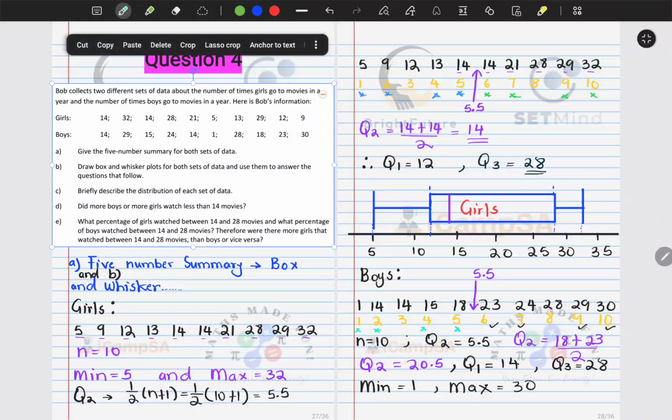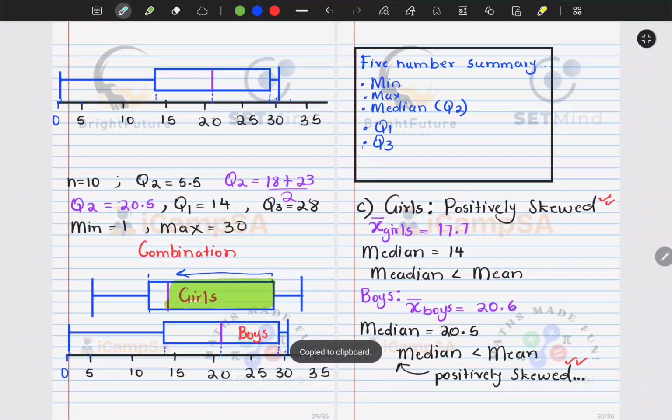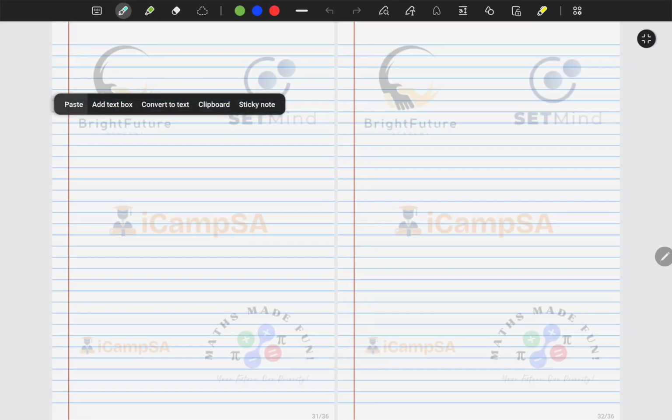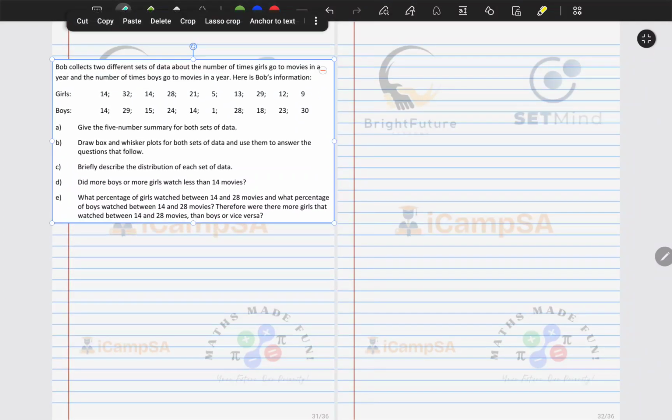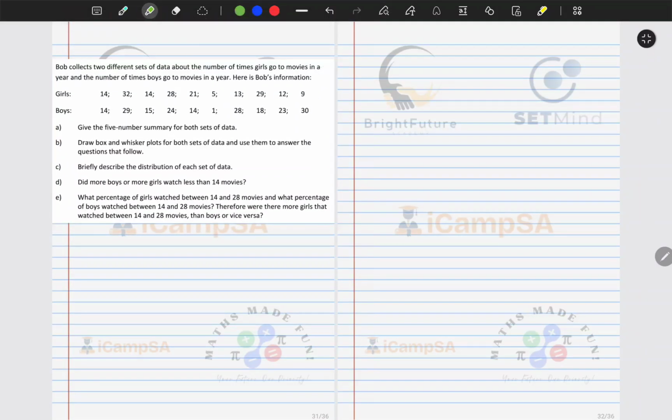So let's have a look at this question here. Let me just take it to a clean page. Okay, let's have a look. So you will see that we are asked, did more boys or girls watch less than 14 movies?